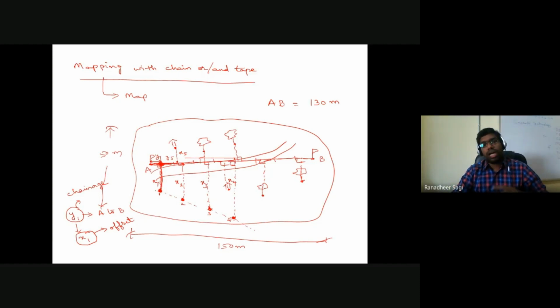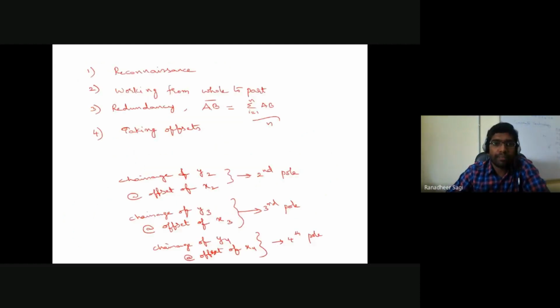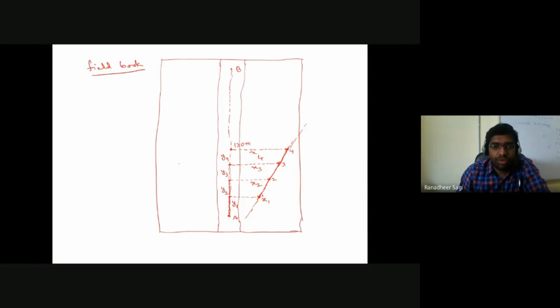Okay, so I have one house and two trees on the left side, and similarly one house and two trees on the right side, and according to their exact chainage distances and corresponding offsets, I'll try to measure the position of those in the field again. Let's say I have my house.